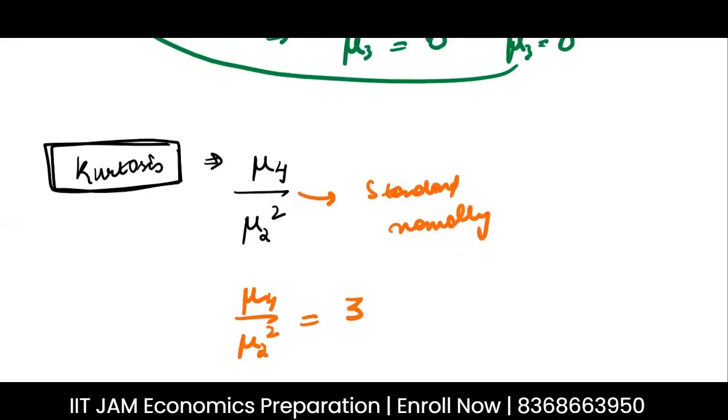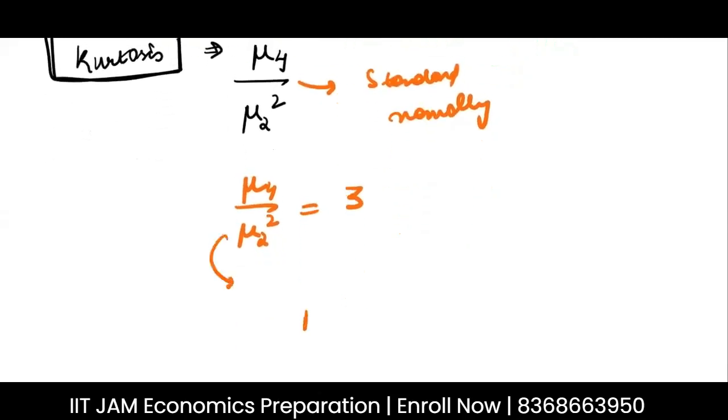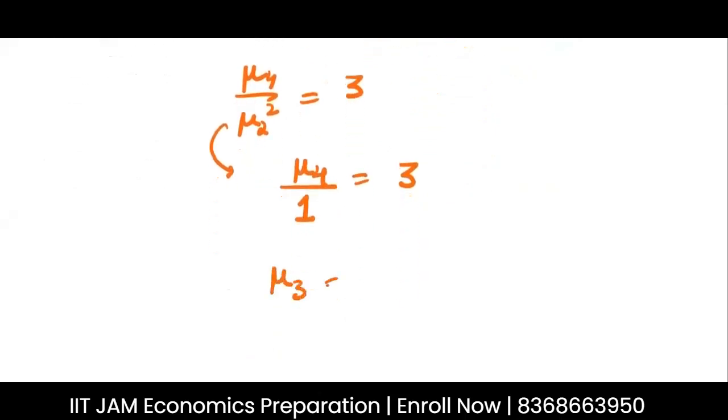Because the kurtosis value is 3, if I plug it in, what will I get? I just proved to you that the second moment around mean, which is nothing but variance, was 1. This is also given to us as 1. So mu4 will be 3 into 1, which is 3.